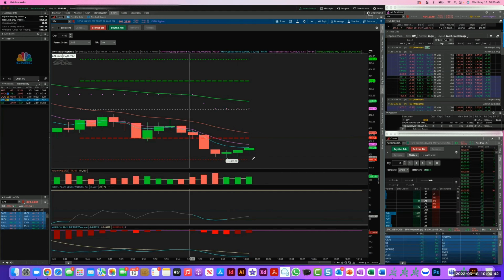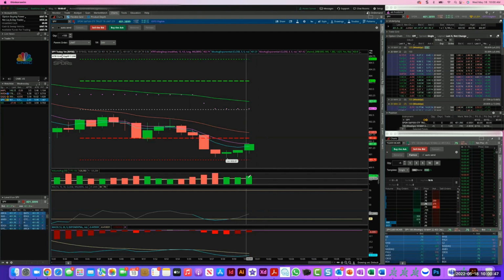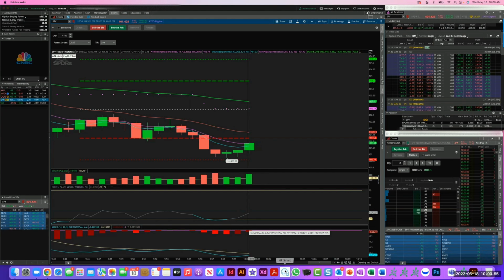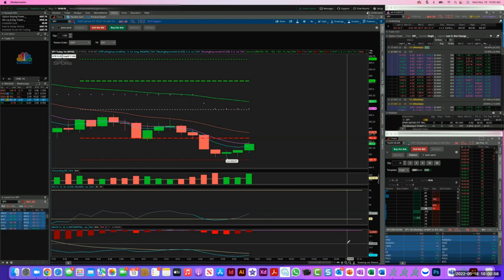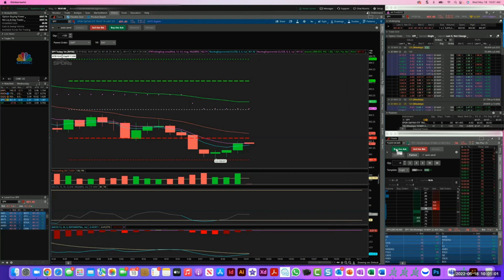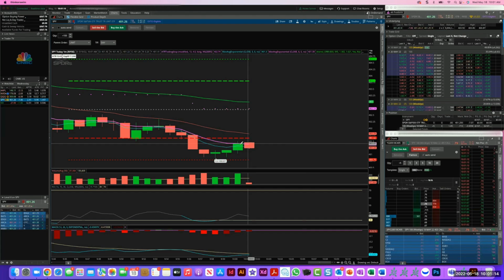So it looks like SPY is holding on this fib level here. Some volume coming in. It's a good sign. Want to see the SPY get above this opening range low, ideally.